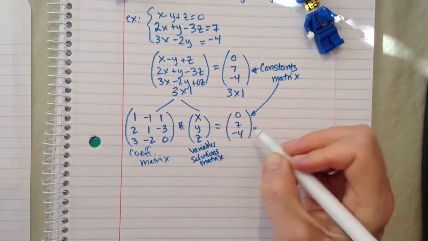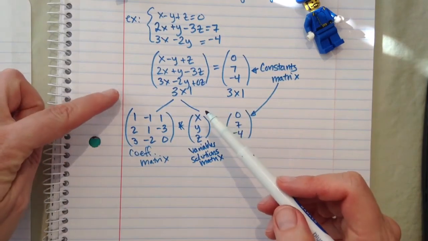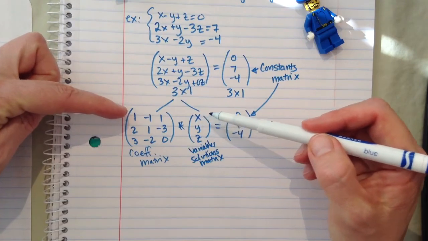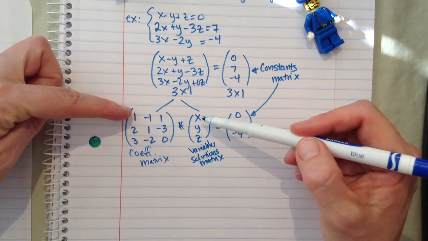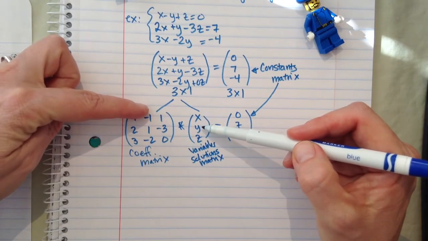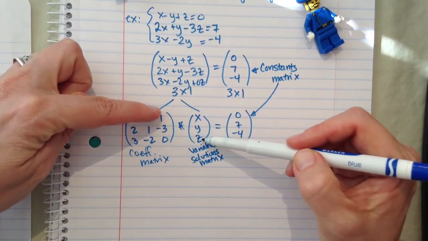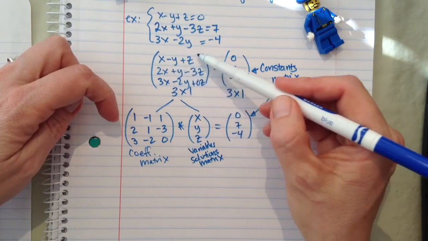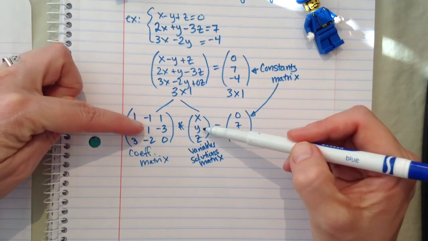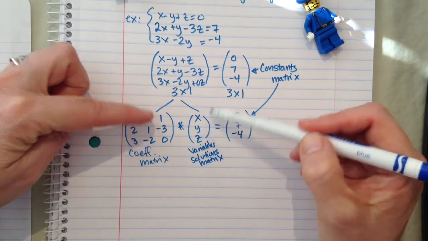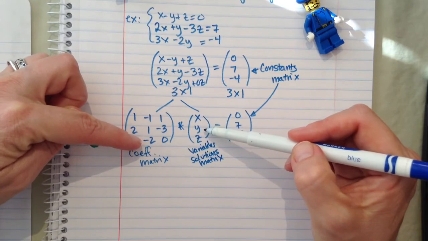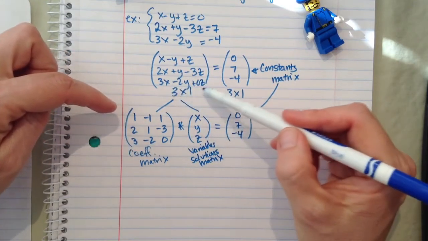And what we know is if we did matrix multiplication using the process for matrix multiplication, it would be 1 times x plus negative 1 times y plus 1 times z, and that would give us that entry. 2 times x plus 1 times y plus negative 3 times z would give us that entry. And then 3x minus 2y plus 0z would give us that entry.